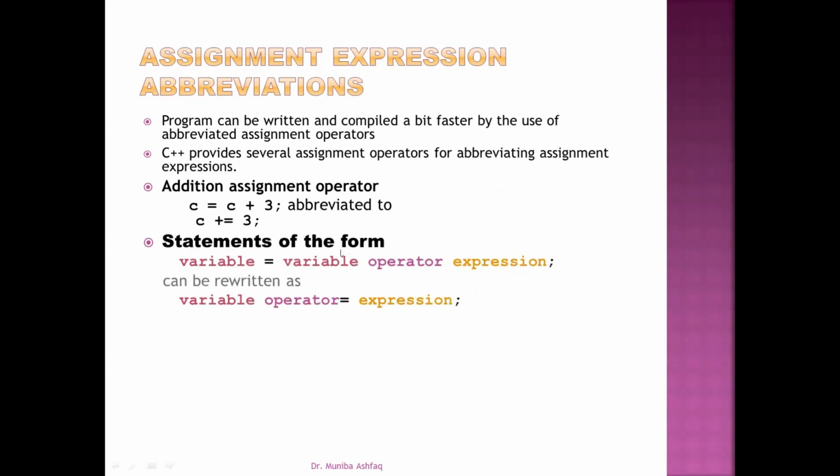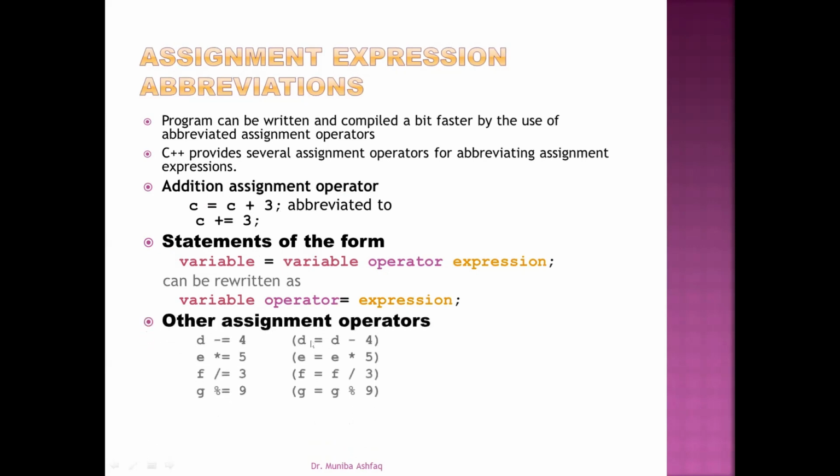A statement of the form variable = variable operator expression, where the variable is the variable, plus is the operator, and then the expression. You can have an expression, or here you can have a value as well. This can be written as variable operator= expression.